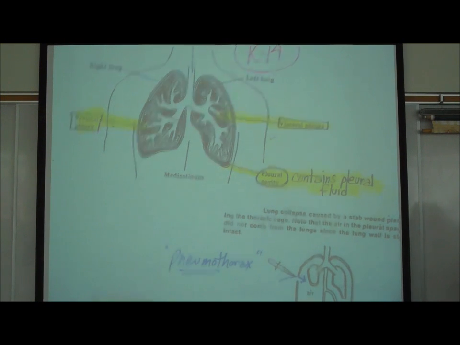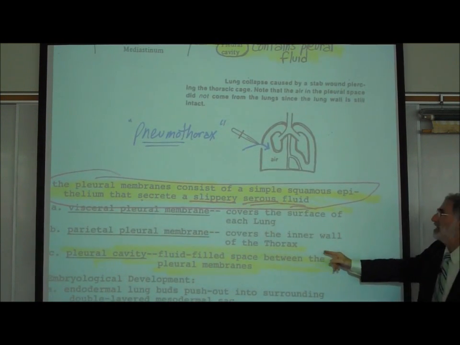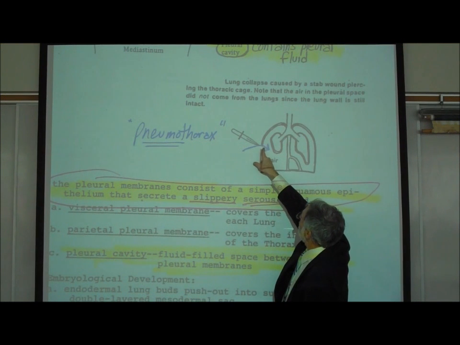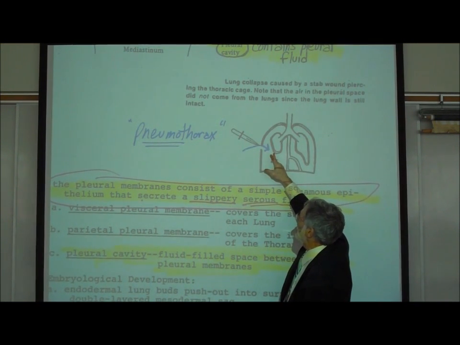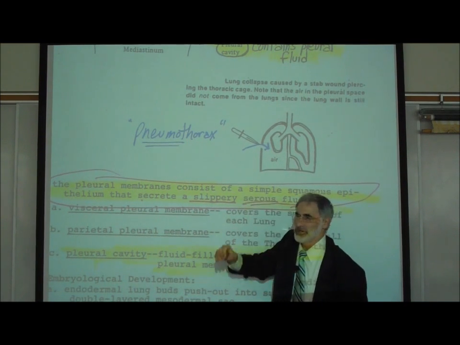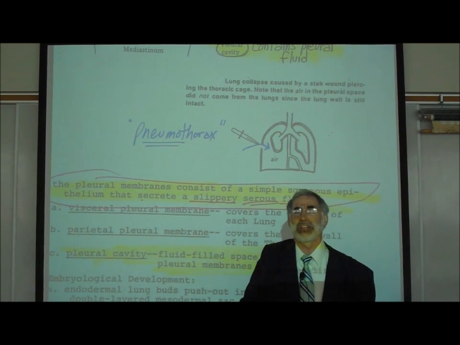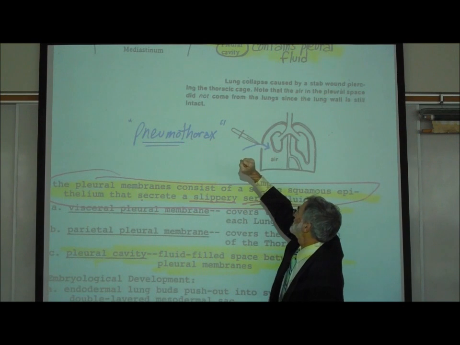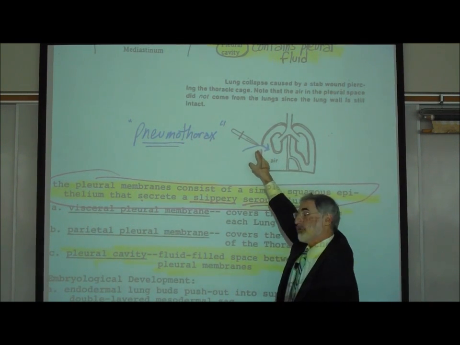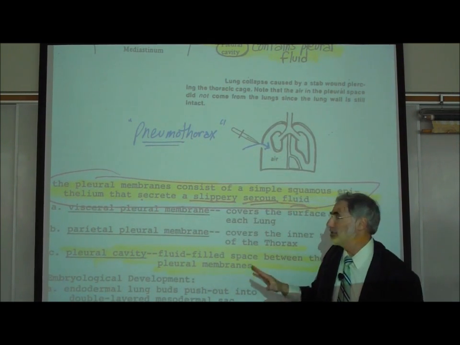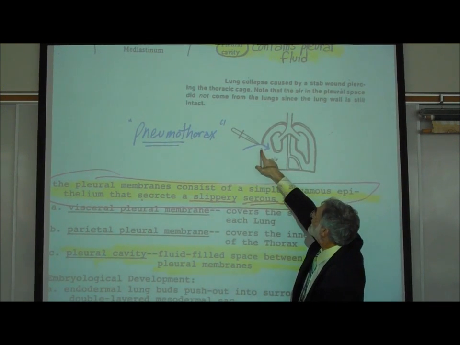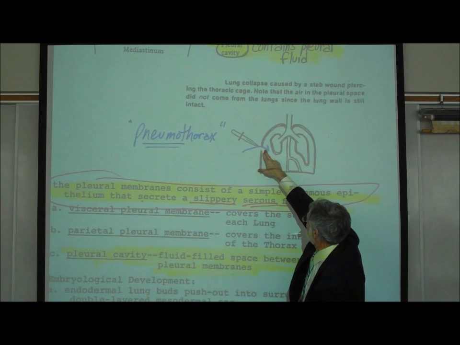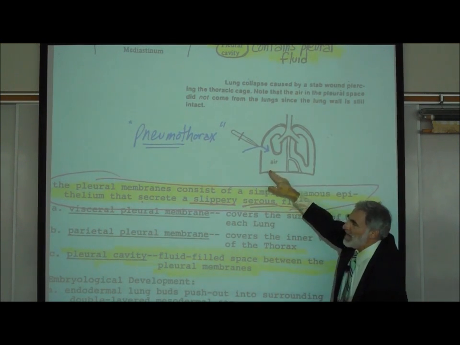In fact, as we can see in this picture right here, if air were to enter the pleural cavity, the space between the pleural membranes, and in this case it shows that the air was able to enter into this pleural cavity by stabbing with a knife just the wall of the chest, the knife did not penetrate the lung in this case, but that was enough to allow air to enter into that pleural cavity.